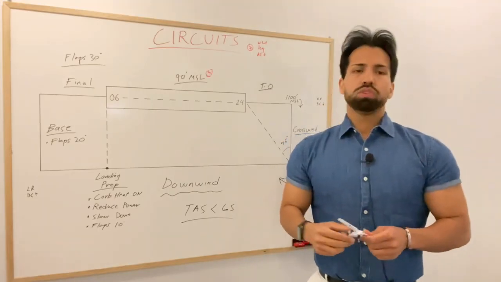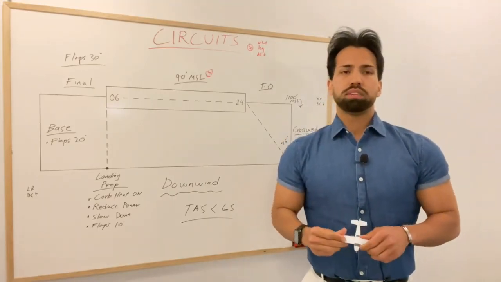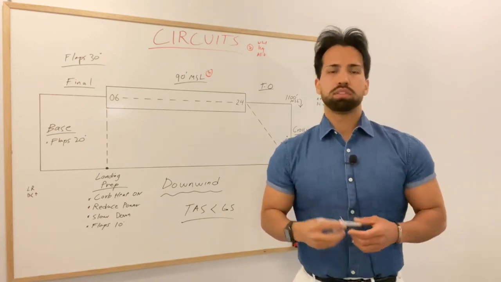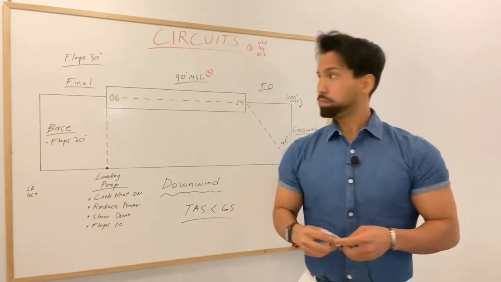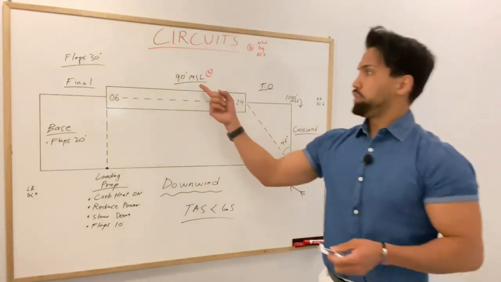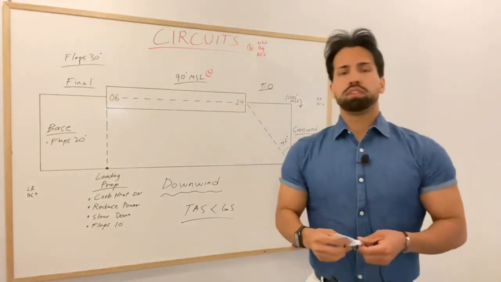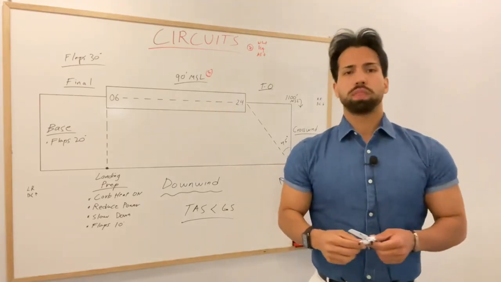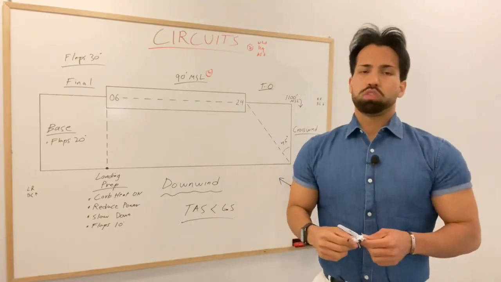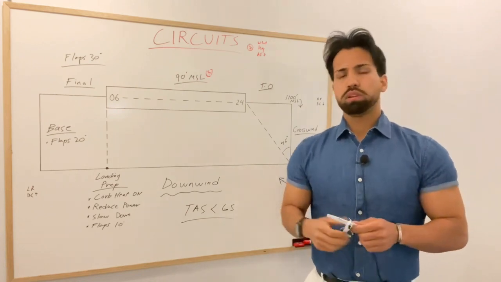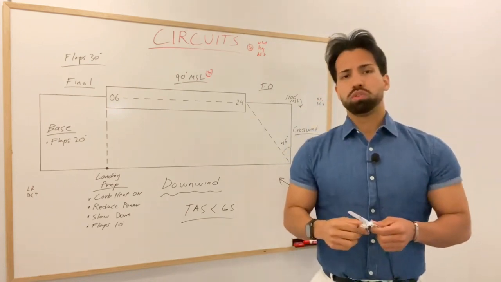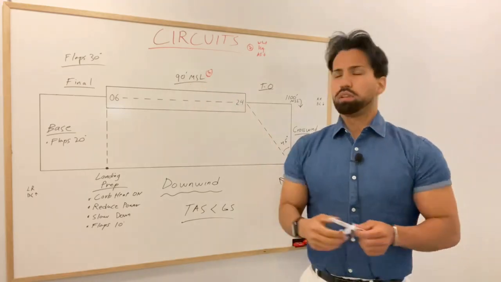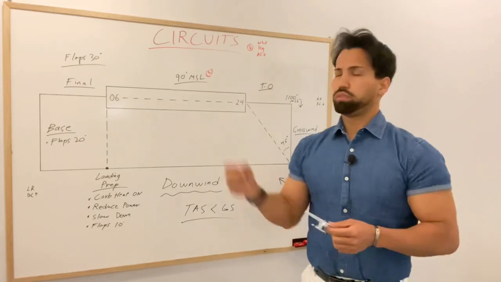The altitude the circuit is flown at is 1,000 feet AGL. AGL means above ground level, okay? Now over here I've written 90 feet MSL. That's actually the height of the runway above sea level. So when we climb to our circuit altitude using the altimeter, we have to include the height of the runway.